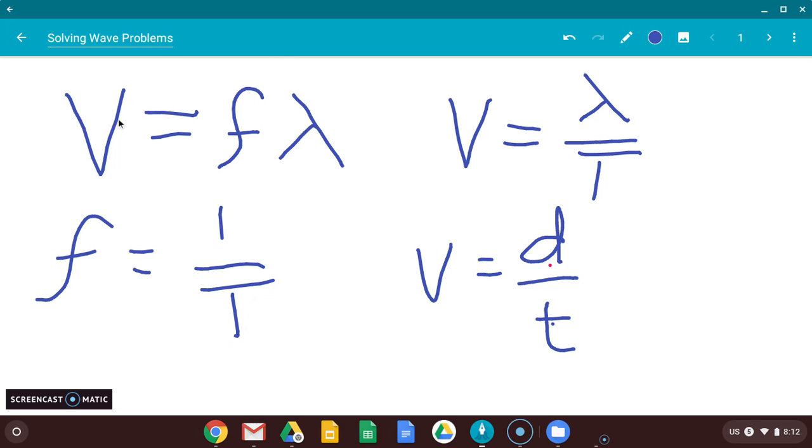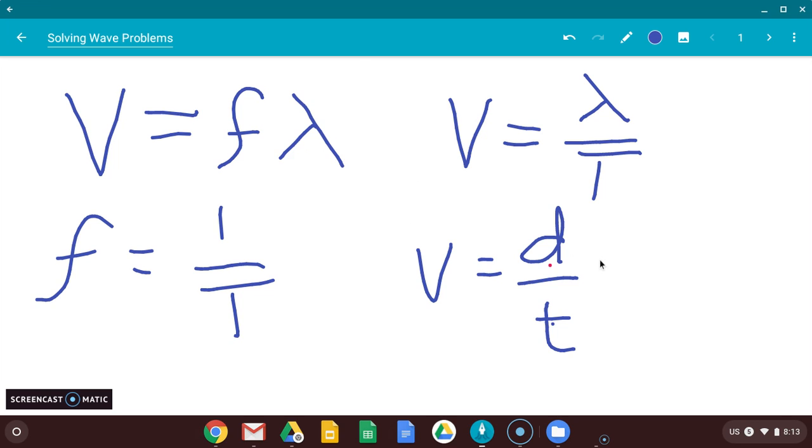Velocity is just how fast the wave is moving from one point to another. Wavelength is the distance between any two consecutive repeating points, like a crest to a crest or a trough to a trough, and it is in meters. And if it's not in meters, we want to convert to it.